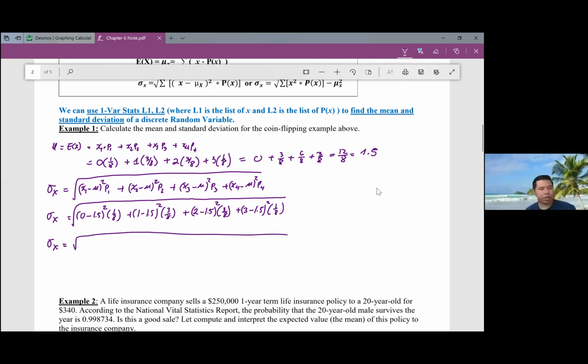All right, plug into the calculator and see what we get. This will be 2.25 over 8. This one, negative 0.5 squared, so we get 0.25 times 3 over 8. This one is the same thing, 0.25 times 3 over 8, and this one will be 2.25 times 1 over 8.